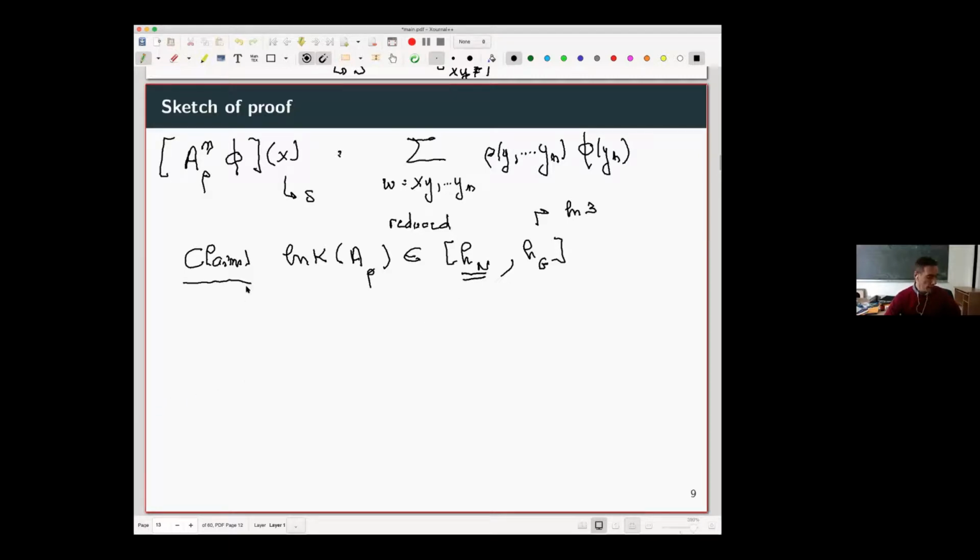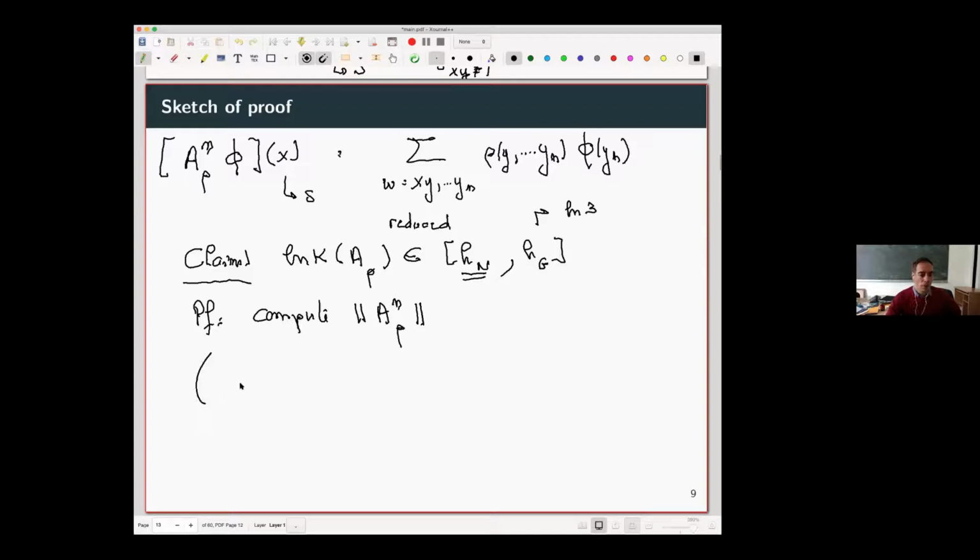So to do that, the strategy of the proof is to compute, or at least estimate, the operator norm of the nth power of rho.